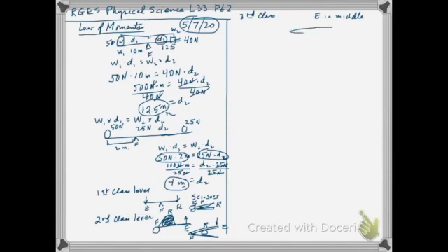Here's some tweezers. Let's say you're going to pick up something with the tweezers. So you pinch it here in the middle with your fingers. That's the effort. The resistance is what it grips. It's the object that it grips. And then down here would be your pivot, your fulcrum. So you have tweezers.